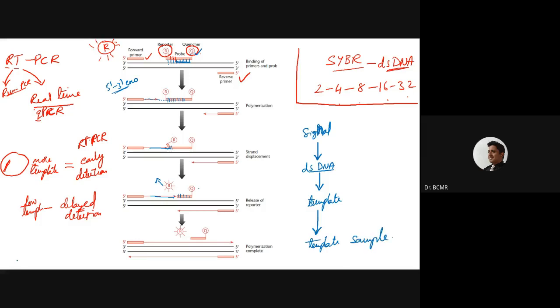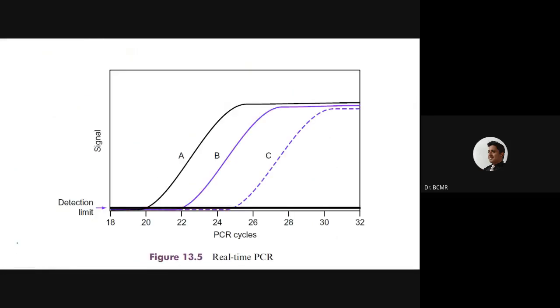So it works on that principle. The machine will read all the PCR. We call it real time because as the cycles are happening, it keeps on reading after each round of cycle how many products are formed. That is based on the reporter intensity, the signal.